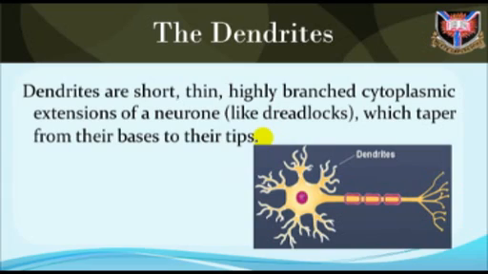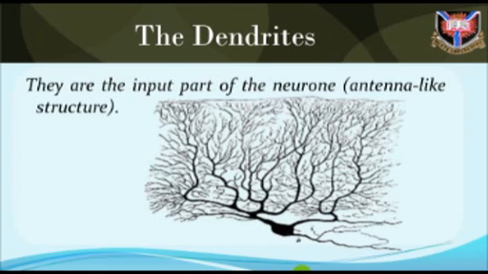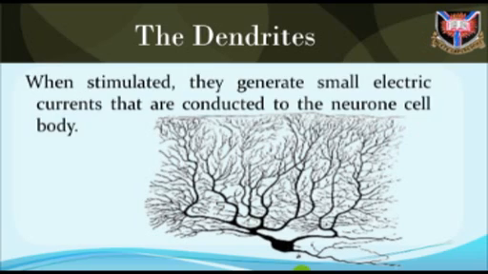Dendrites are short, thin, highly branched cytoplasmic extensions of a neuron, which taper from their bases to their tips. Dendrites are the input parts of the neuron. When stimulated, they generate small electric currents that are conducted to the neuron cell body.